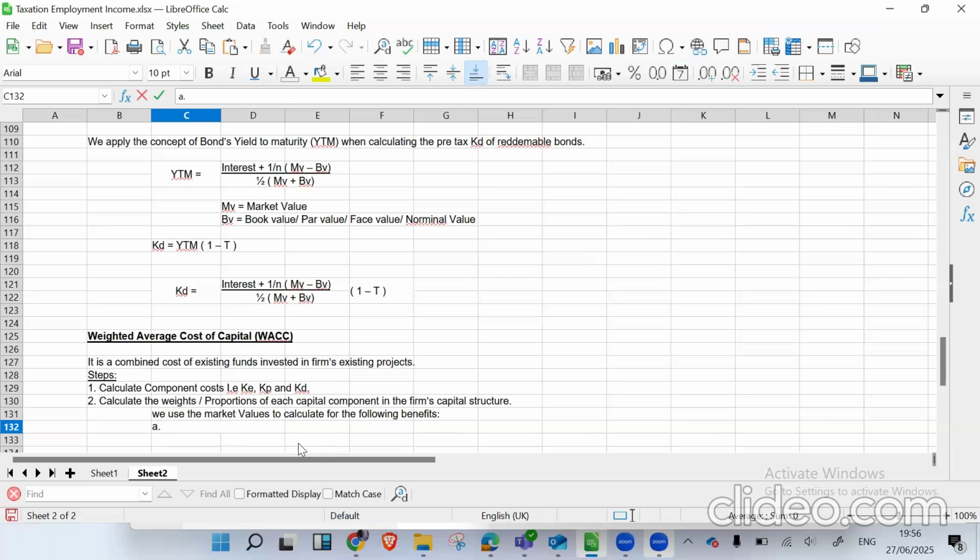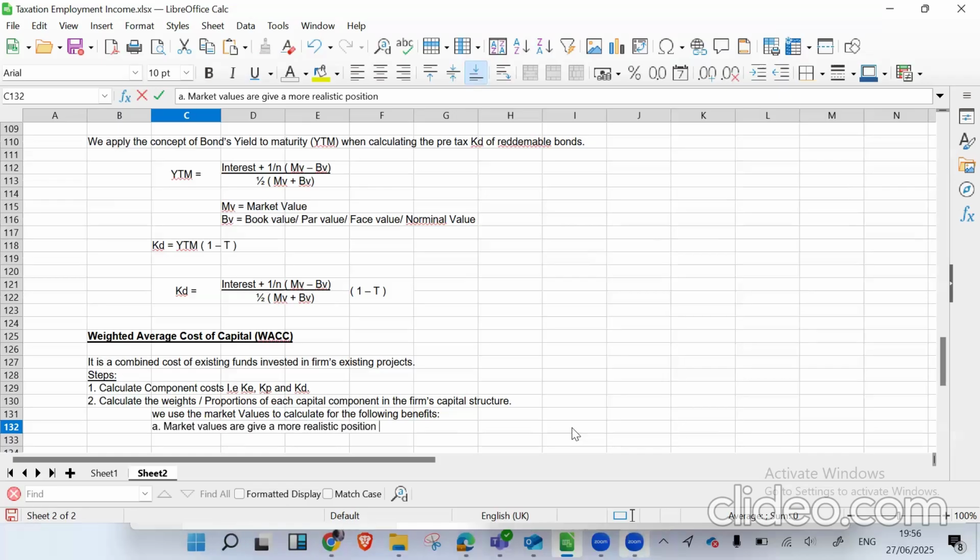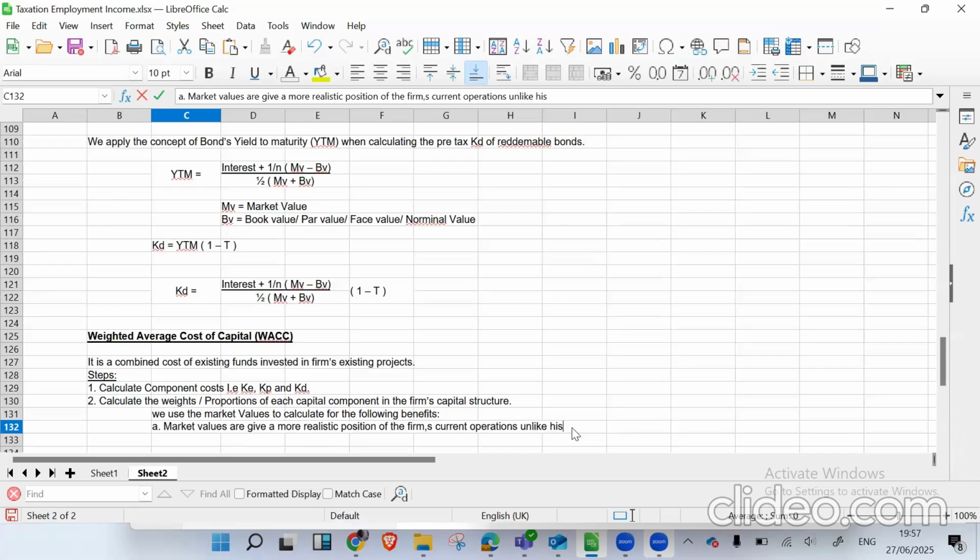So number A, market values give a more realistic position of the firm's current operations, unlike historical book values.